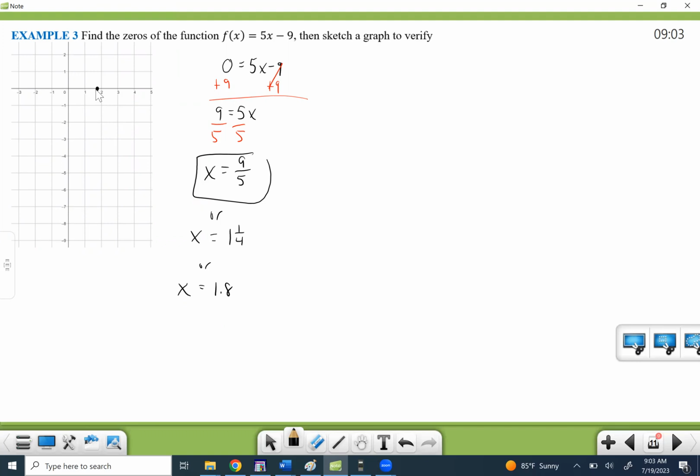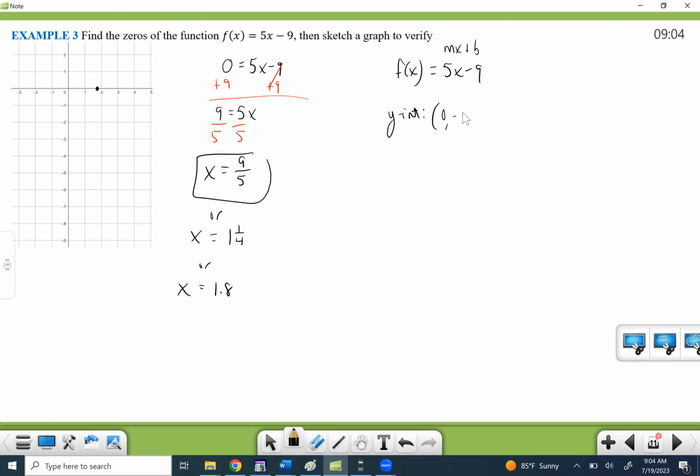Okay, so we want to sketch the graph to verify. All right, so let's go in here and remind ourselves how the heck we graph lines. So our y-intercept is always the b in the y equals mx plus b. So the -9.